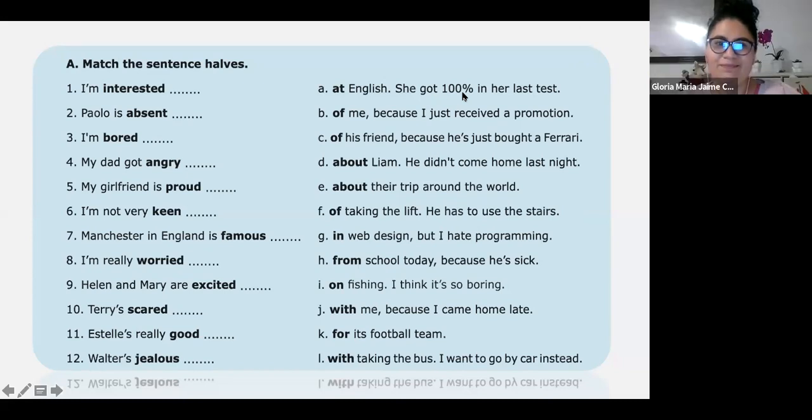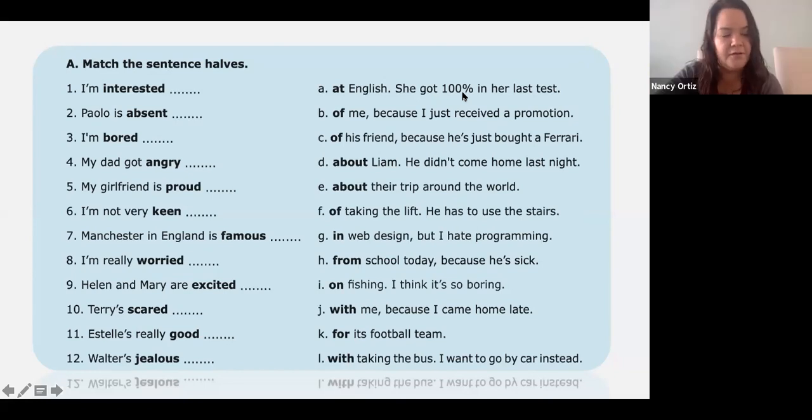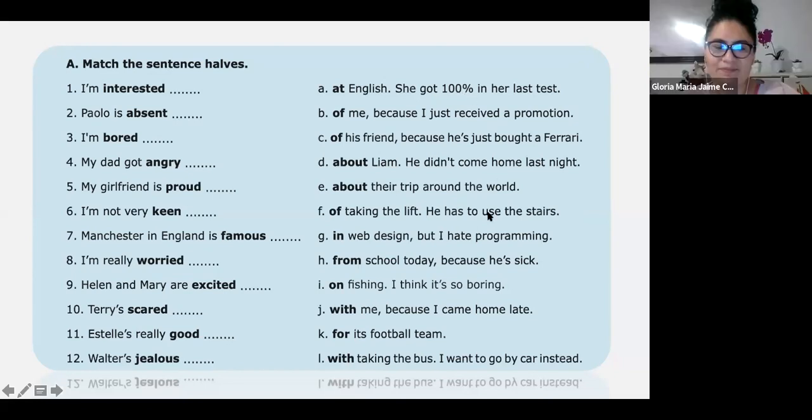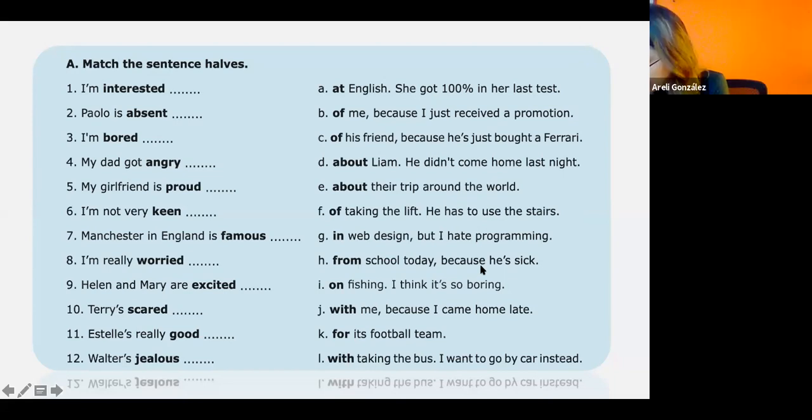Areli, number 4. My dad got angry with me because I came home late. Excellent. Areli, choose the next one. Ale, number 5.